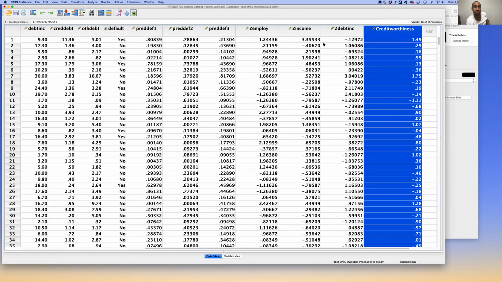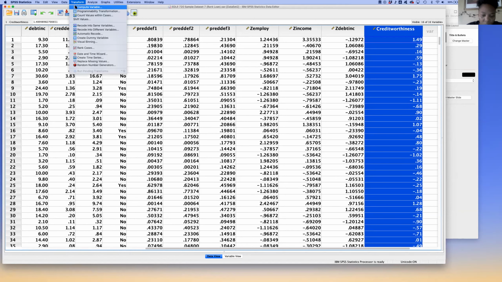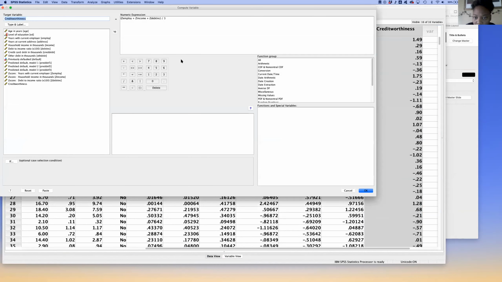I got the same thing. You want me to go back? Rather than doing credit space worthiness, do credit underscore worthiness. Oh, okay. Oh, that's sweet. Okay, thank you.